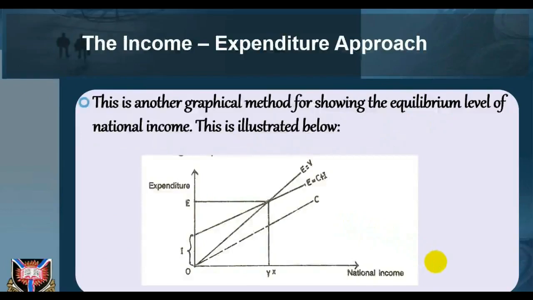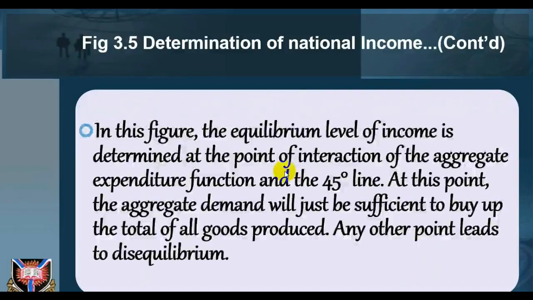In this figure, the equilibrium level of income is determined at the point of intersection of the aggregate expenditure function and the 45-degree line. At this point, the aggregate demand will just be sufficient to buy up the total goods produced. Any other point leads to disequilibrium.